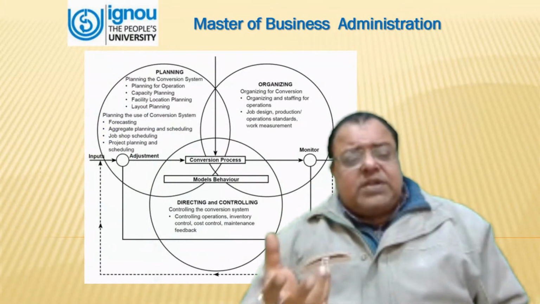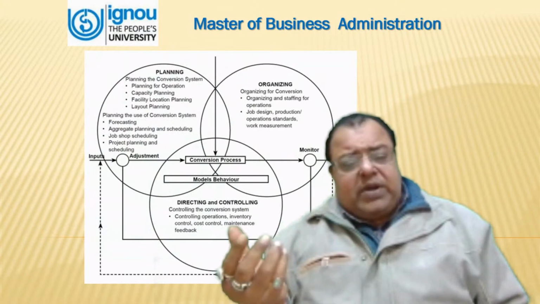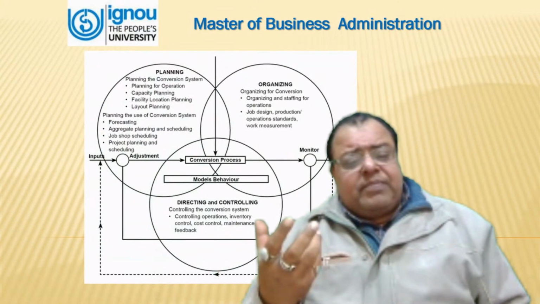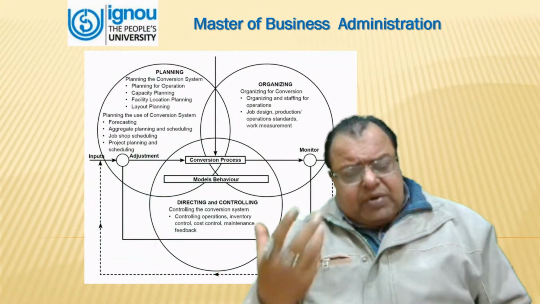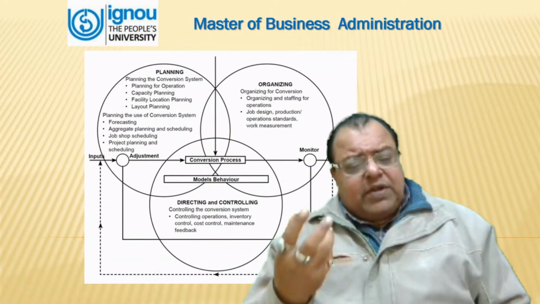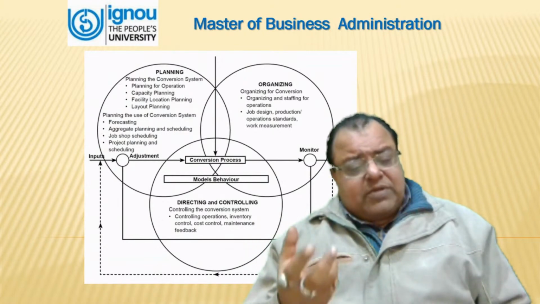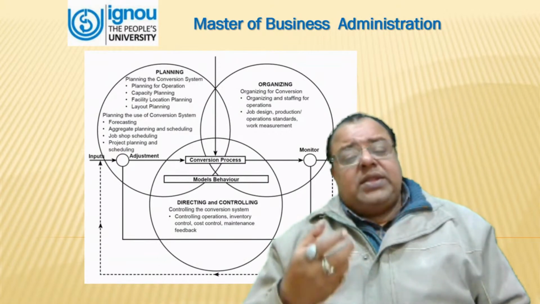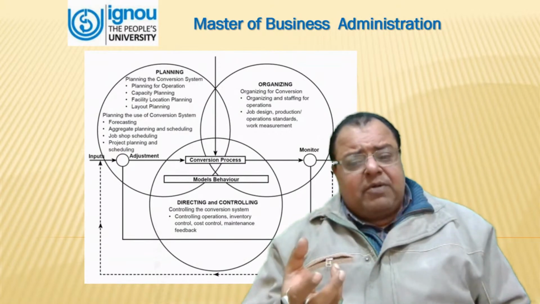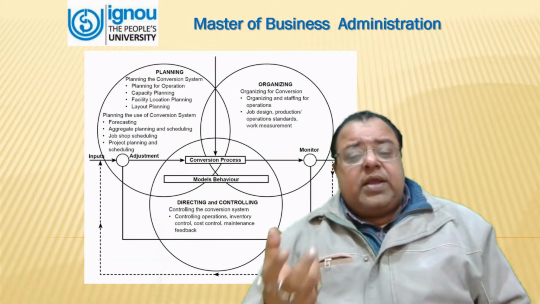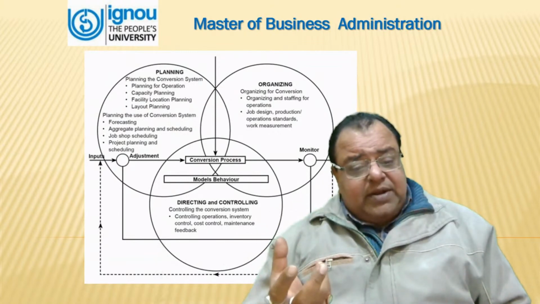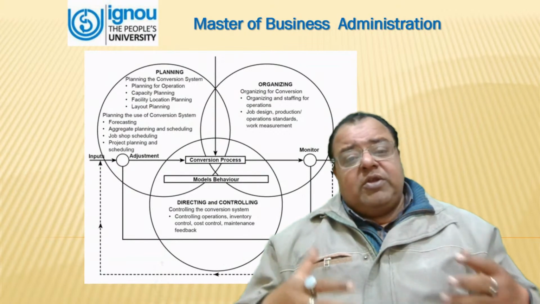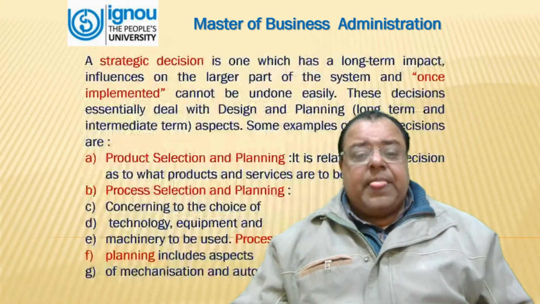Basically, in conversion of input to output, there are three things in between. First, when the conversion process is taking place, adjustments are there, and after the conversion process, before the output part, you have to monitor it. This is how your production system works.